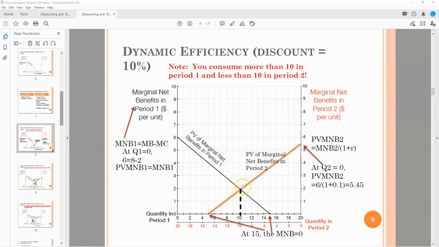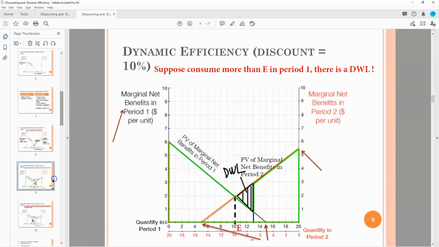So I already said that this point, the intersection of those two lines, is our optimal level of resource allocation. So the corresponding quantity is the optimal quantity to consume in period 1, and also 20 minus this quantity is the optimal level we can consume in period 2.